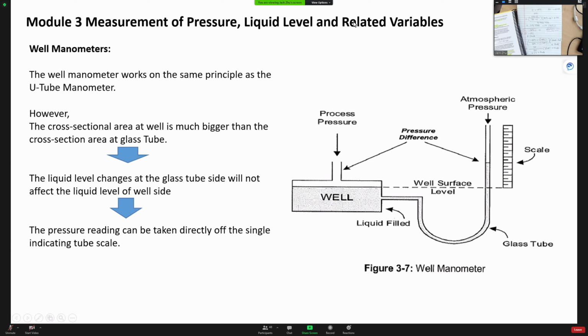So you make it more accurate. You can read on the scale here, because the scale is calibrated at 0 down here. So how far the liquid goes up on this side, you can just read directly from there. You consider the well liquid level almost constant.